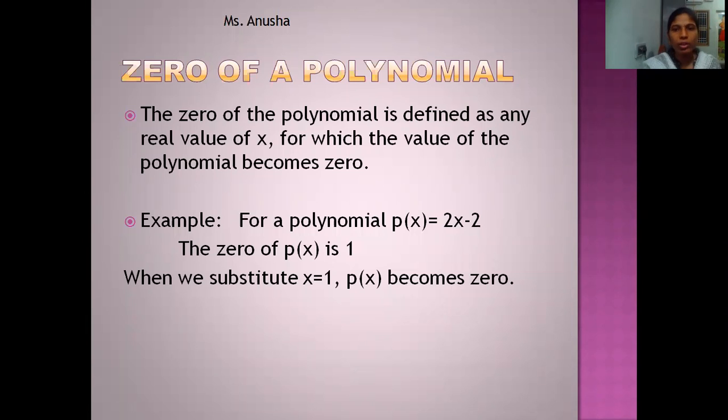For what value does 2x minus 2 become 0? If you put x equal to 1, then p of 1 equals 2 into 1 minus 2, which is 2 minus 2, which is equal to 0. So this value 1 satisfies this polynomial. The p of x becomes 0. So the zero of this polynomial is 1.